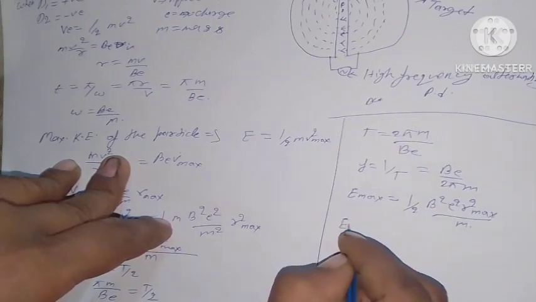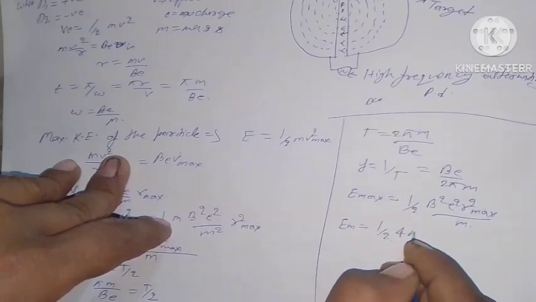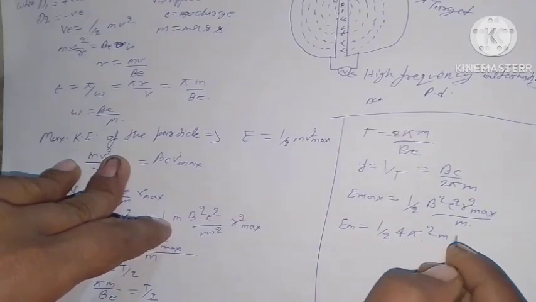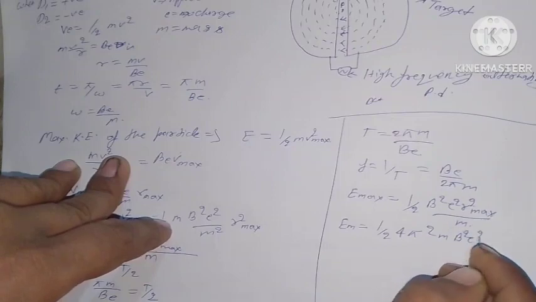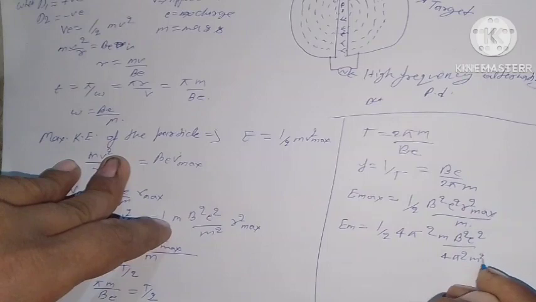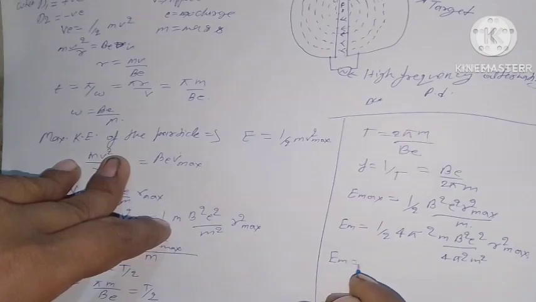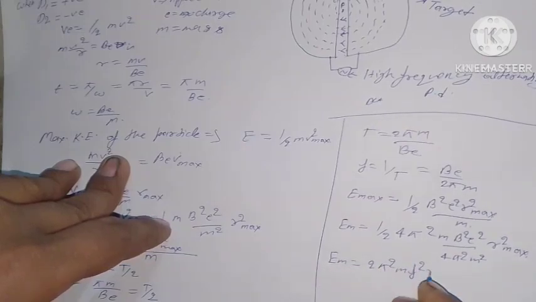Then E max equal to 1 by 2 4 pi square m square f square e square r square max upon m, so E max equal to 2 pi square m f square r square max.